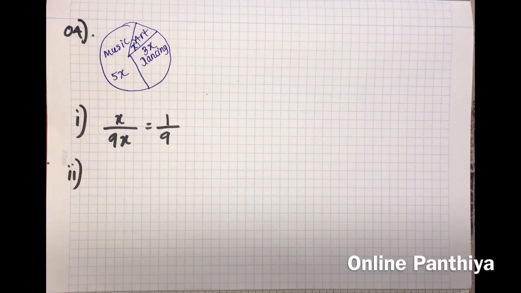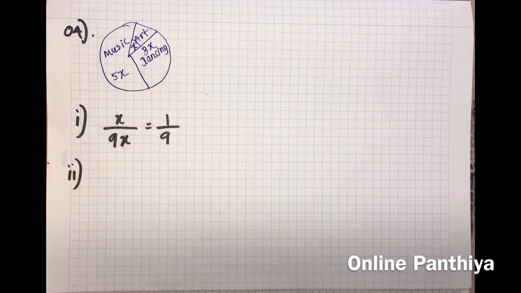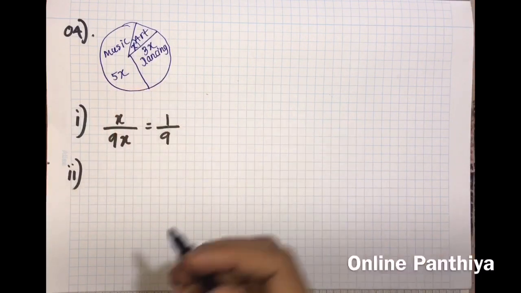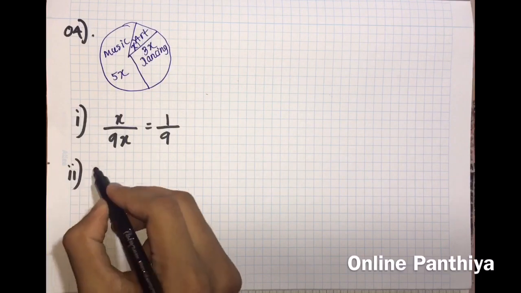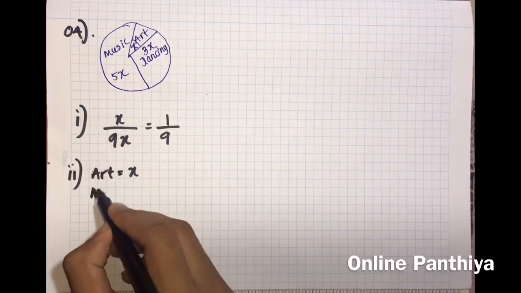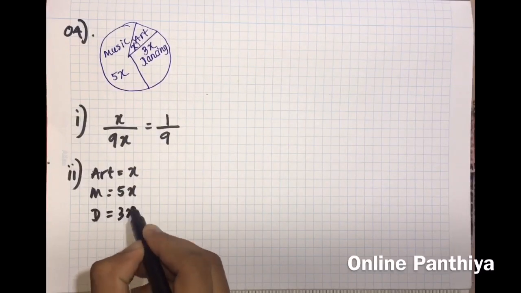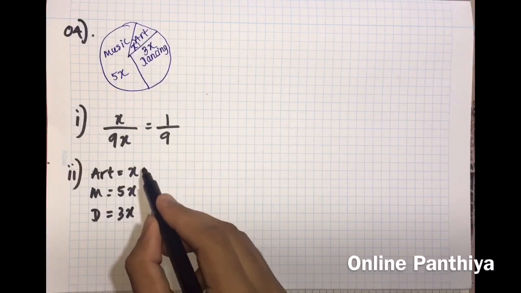Any idea? Observe. Since we don't know the numbers but we know them in algebraic terms, the total number of students: for art it is x, for music you have 5x, and dancing is equal to 3x. Now what is the total angle equal to?